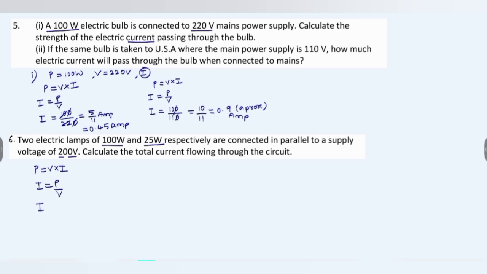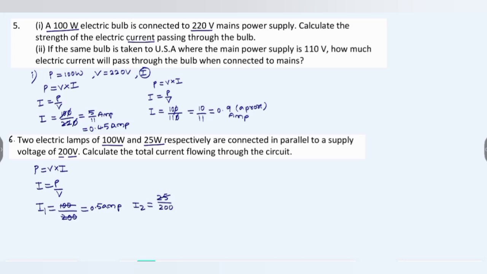So I1 is equal to, in the first case power value is 100. So 100 by 200. So that is 1 by 2, 0.5 amperes in the first case. In the second case, same way, I2 is equal to 25 watt by voltage, which is 200.